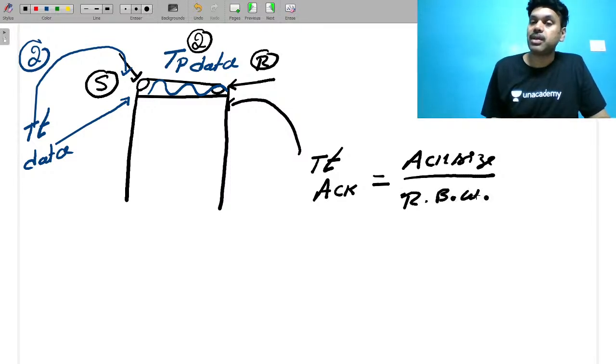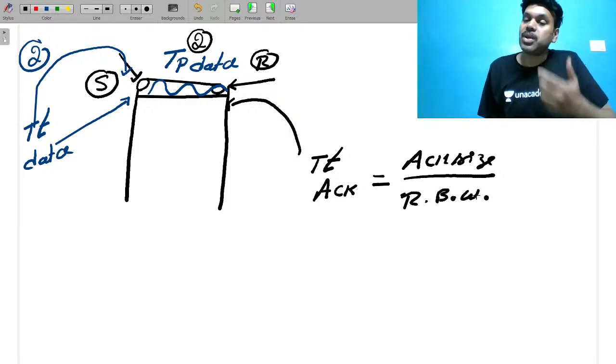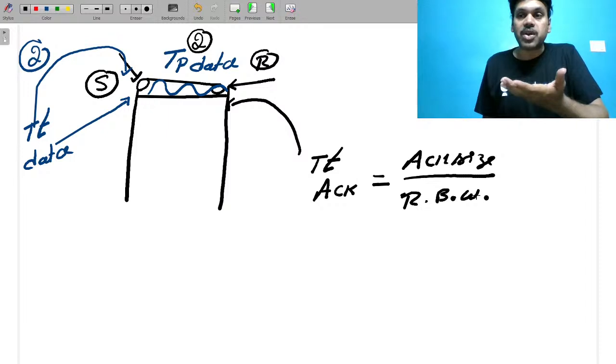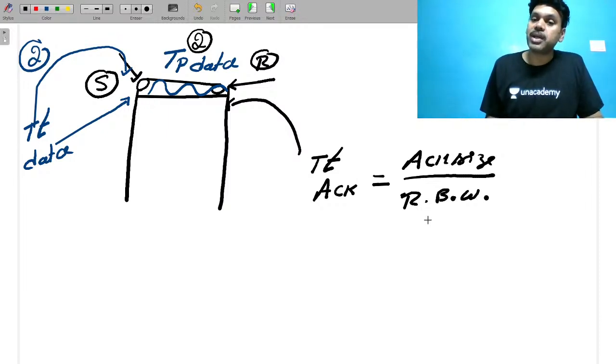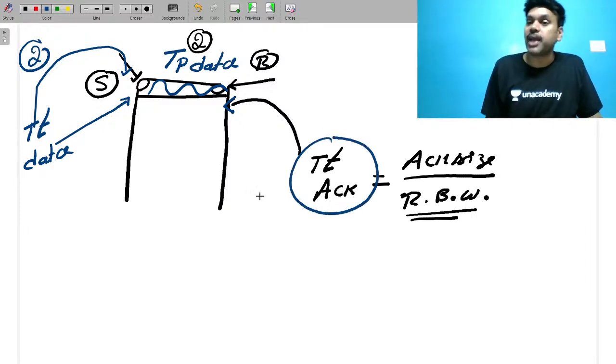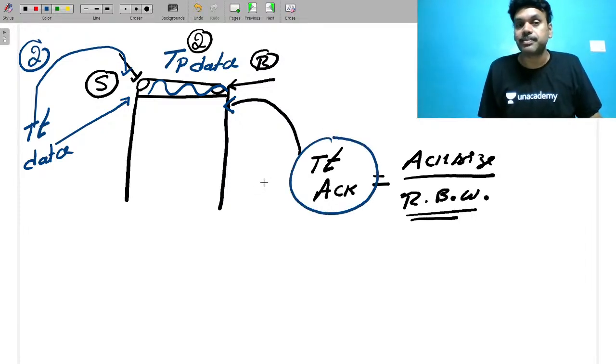Observe carefully, it has just the control information without any data. That is the meaning of acknowledgement: a frame consisting of only control info without any kind of data. It also takes some time at the receiver side to place your acknowledgement packet or frame onto the medium. That's the meaning of transmission time for acknowledgement.